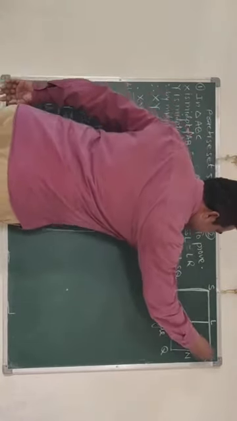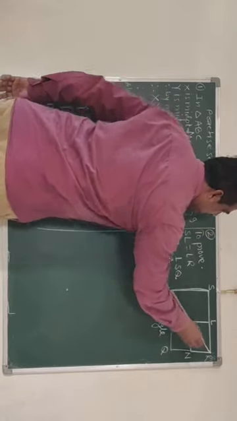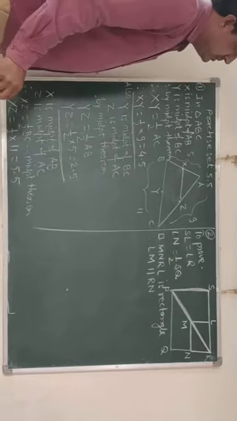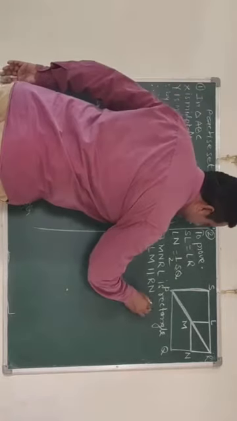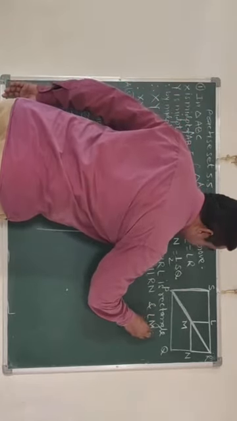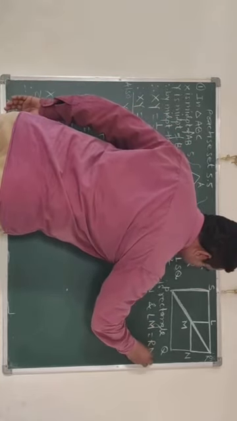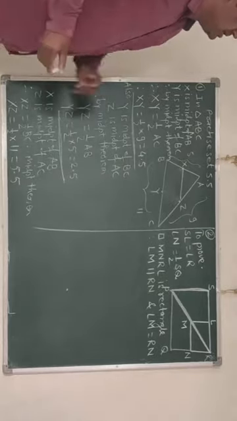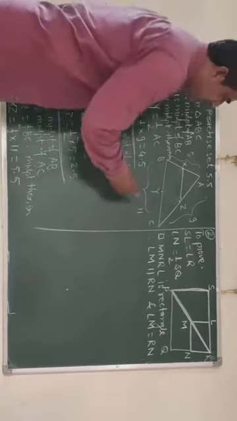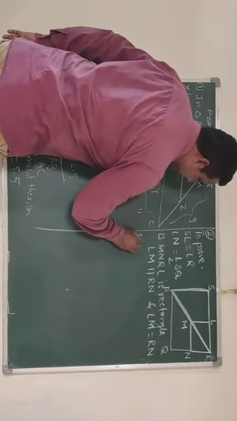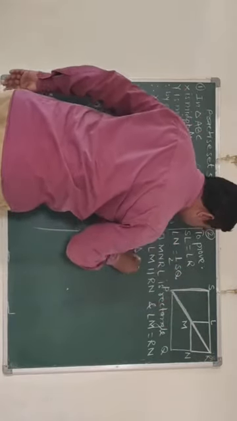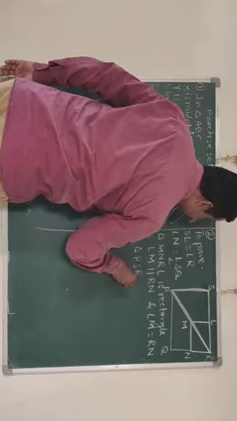Also, along with that, I will use further LM equal to RN. Now further, in triangle PSR, check this triangle PSR.